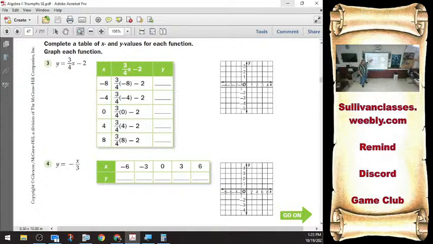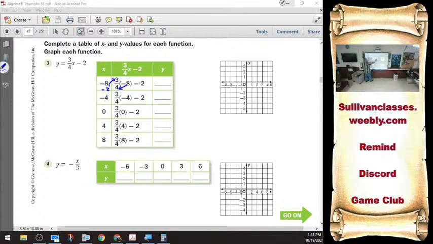This says 3 quarters of it. So if 1 quarter of it is negative 2, what is 3 quarters of it? Negative 6, right? So the way that you can do these without resorting to the calculator is you say negative 8 divided by 4 is negative 2 times 3 is negative 6.